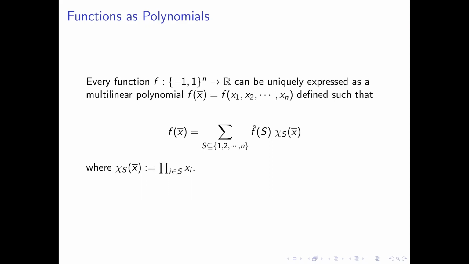I can change to a polynomial notation where the characters become monomials: the character chi_S is replaced with the monomial whose indeterminates are drawn from S. These f-hats are often called the Fourier coefficients, and we can write a function uniquely in this way on the Boolean cube.